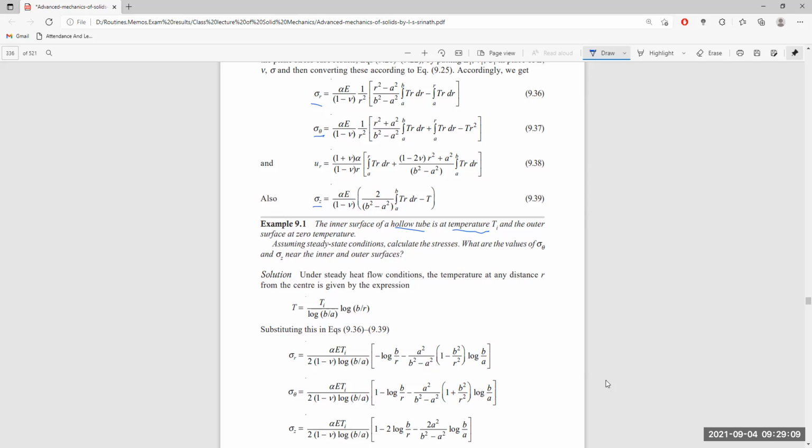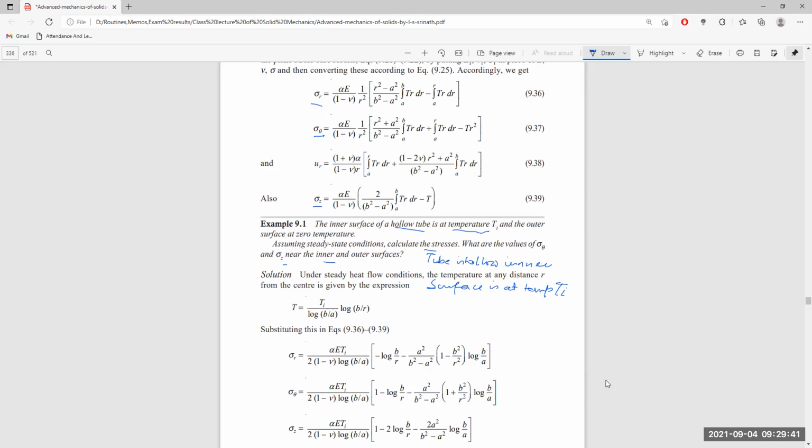The tube is hollow, and the inner surface is at temperature Ti, and the outer surface is at 0 temperature, just opposite to the earlier expression. Assuming a steady state condition, calculate the stresses. What are the values of sigma theta and sigma z near the inner and outer surface?